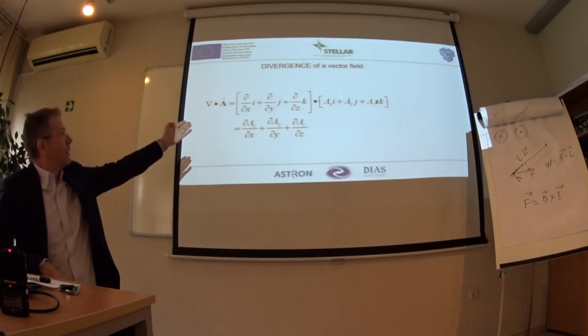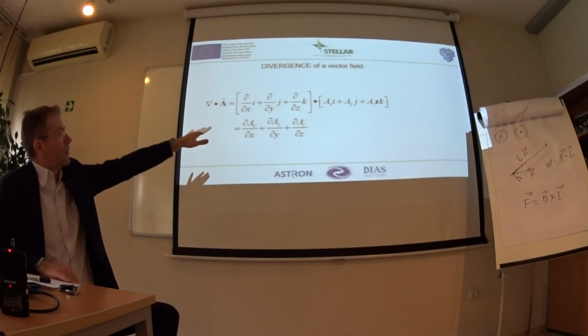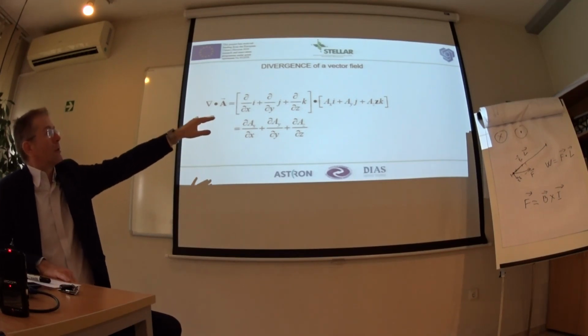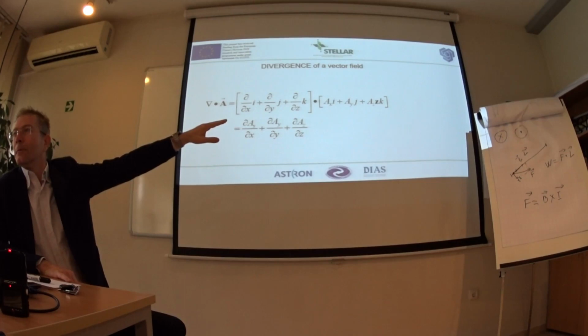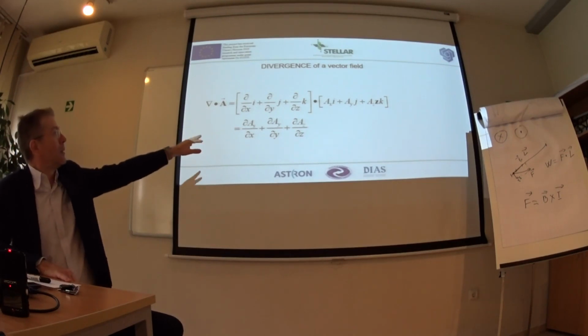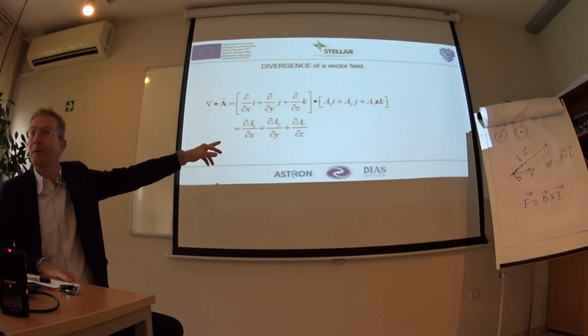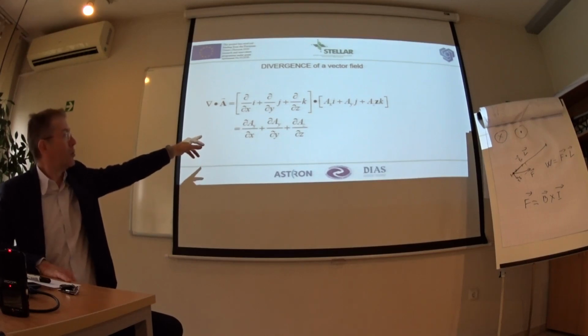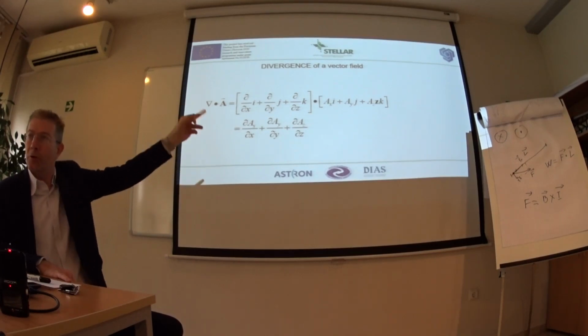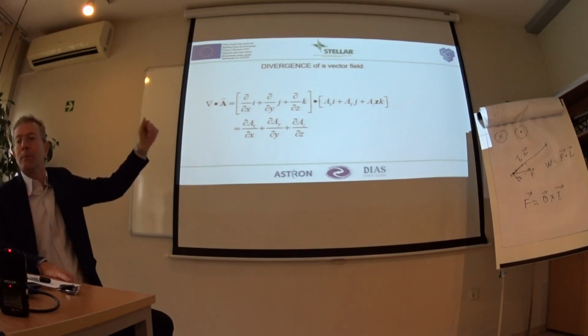We have the del here in the first bracket, dot vector in the second bracket, and we get this, which is the partial derivative of each vector component.